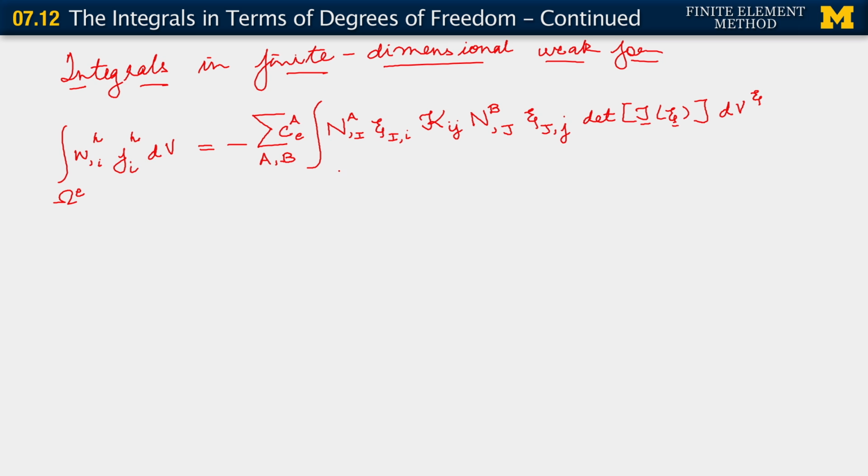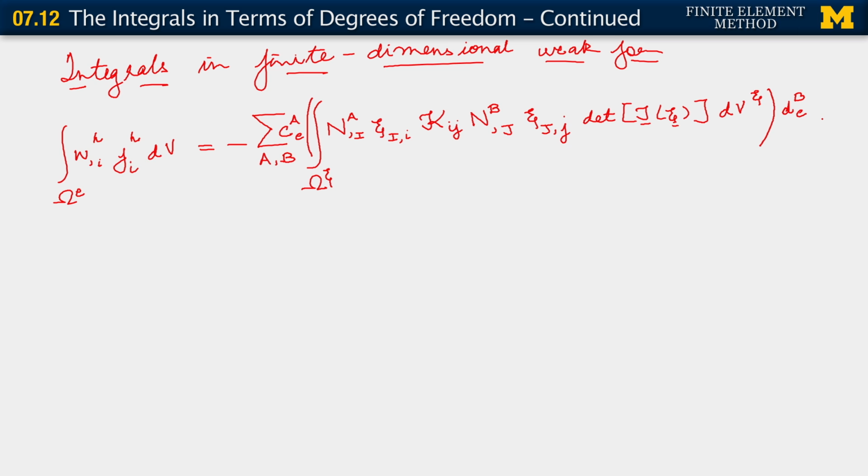The integral here can now properly be written as an integral over omega xi. We recall that this is the integral which we enclose in parentheses, and we have here d, b, e.